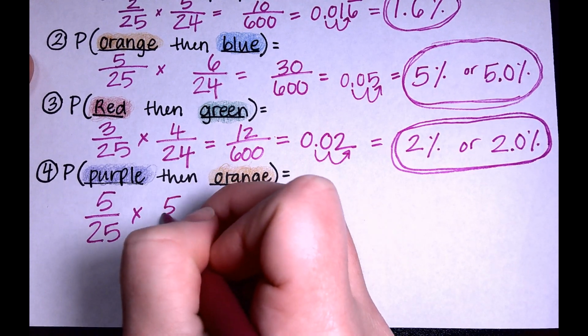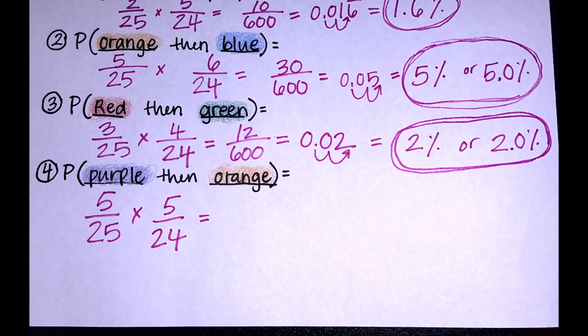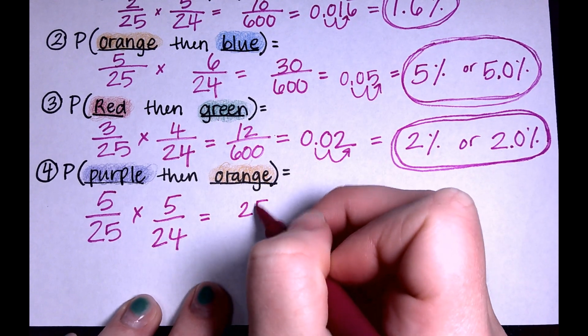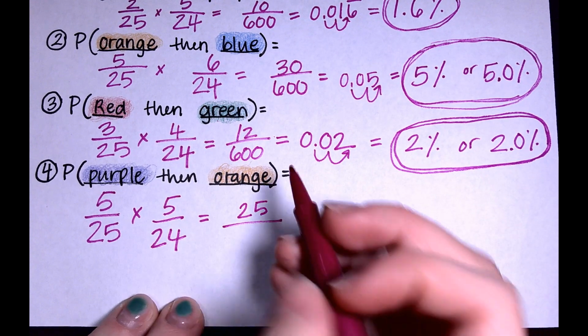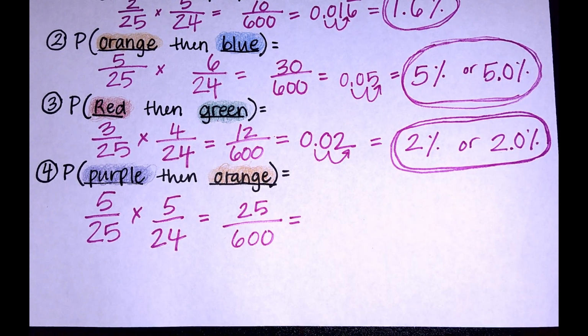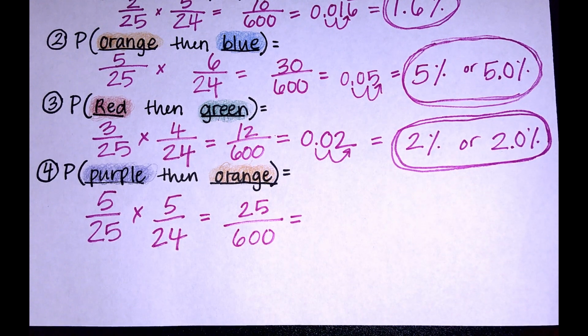Perfect. 5 out of 24. Okay. And 5 times 5 is 25. 25 times 24 is 600. Okay, and 25 over 600, let's see what that is.